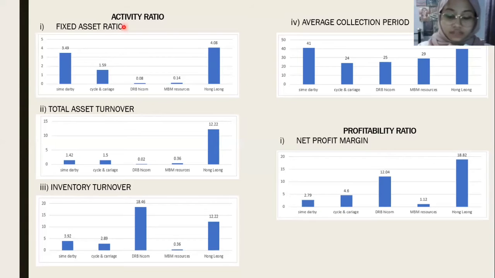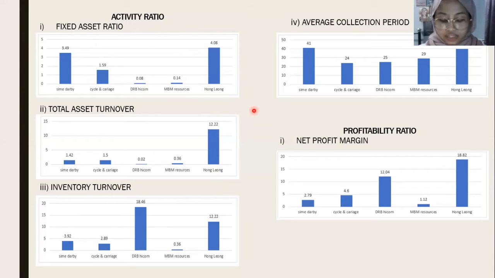Next is activity ratio. Derived from the graph for fixed asset turnover and total asset turnover, Hong Leong Industry show the best efficiency, indicating that the company makes effective and efficient use of asset to generate revenue, and is good in managing their properties to generate sales and revenue.